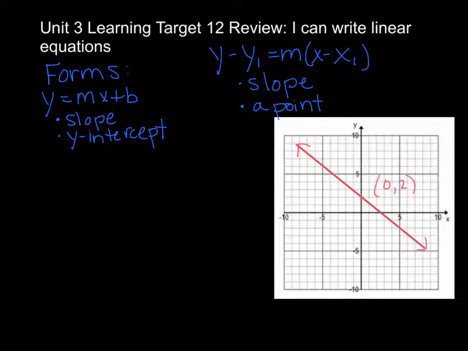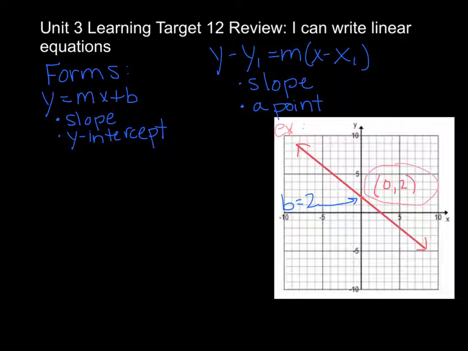All right, so here's our first example. We are given a picture of a line on a graph. So you might be thinking in your head, hey, I see a point. Some of you might be thinking, oh, I see b equals 2.